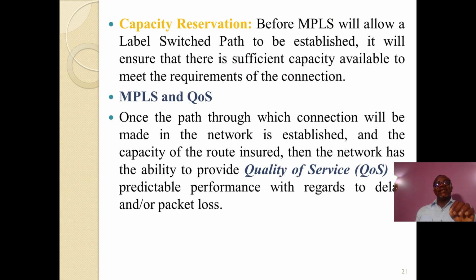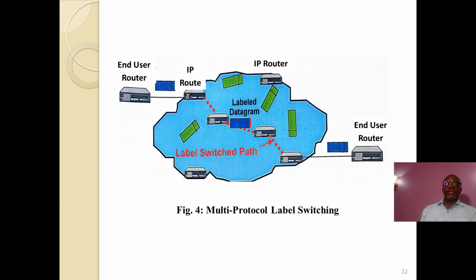Also, it has the capacity for reservation. Before MPLS allows a label switch path to be established, it will ensure that there is sufficient capacity available to meet the requirements of the connection. Let's quickly look at that diagram again. Now, end user 1 wants to connect with end user 2, it establishes this label switch path.